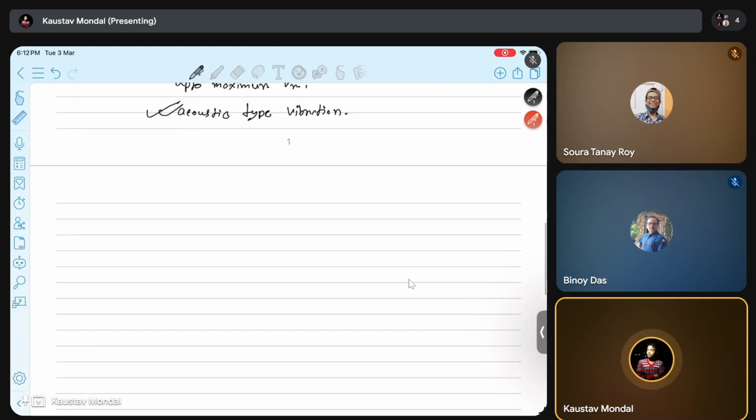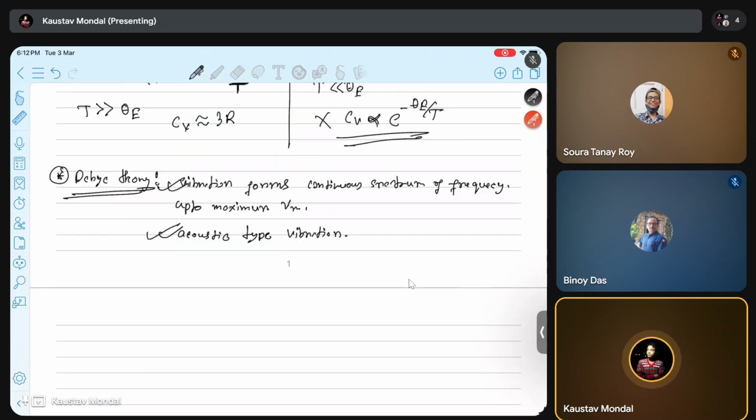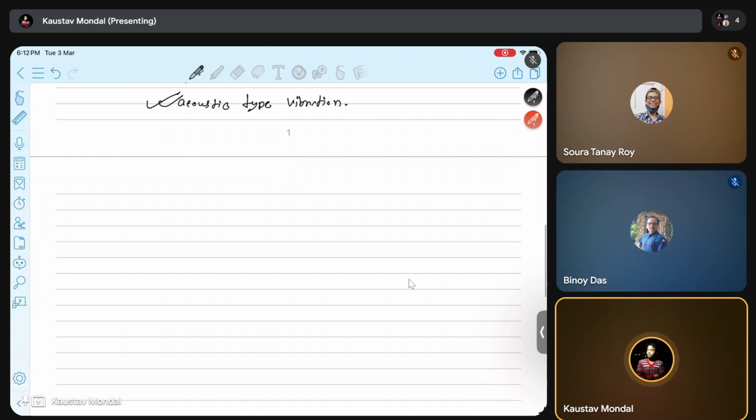Now, following these considerations, he first calculated the expression of the total energy, which is E bar into G nu d nu.